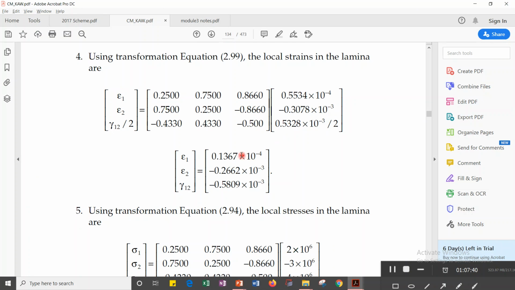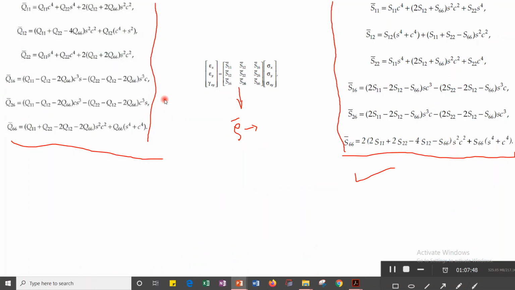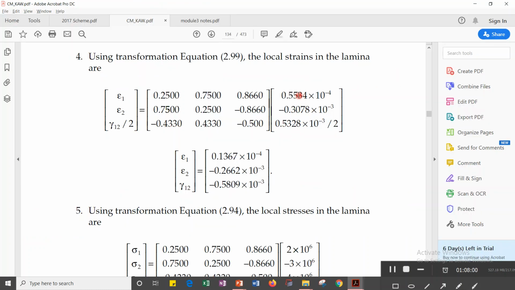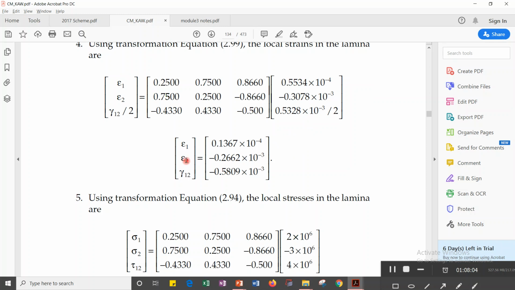The only term I should include is the transformation matrix. The transformation matrix is C square, S square, 2CS, this one. Substitute all the values of C and S and multiply that with the global strains. If you do that, I am going to get the local strains.